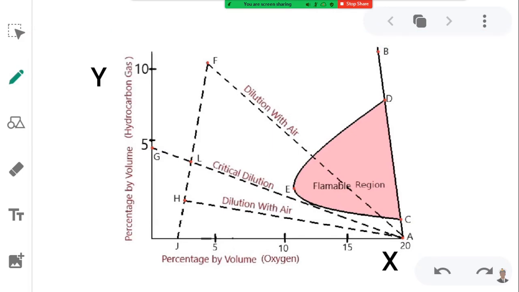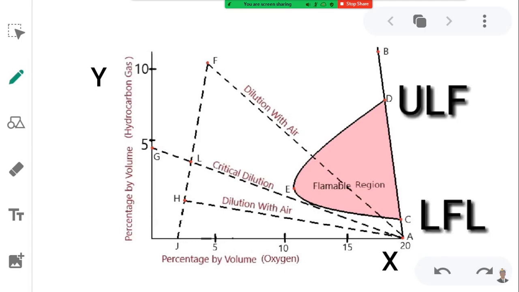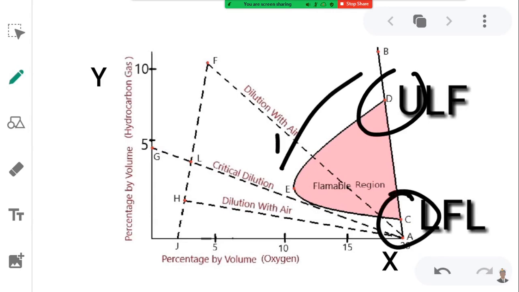When inert gas is added to the tank atmosphere, the concentration inside the tank changes drastically. So do the upper flammable limit and the lower flammable limit. It can be seen from the diagram that the upper flammable limit and the lower flammable limit converge to the point E when the tank is inerted, or you can say when inert gas is added to the tank.